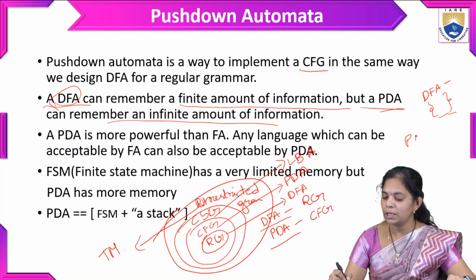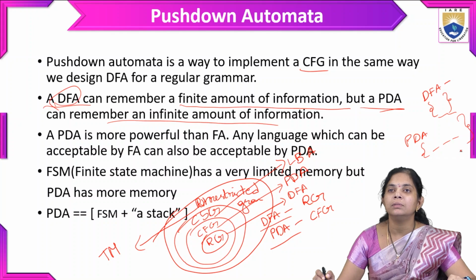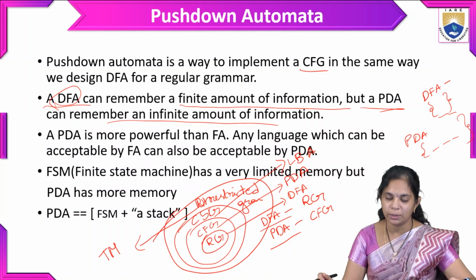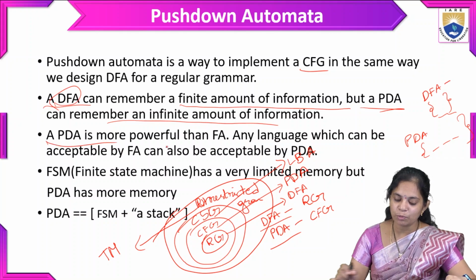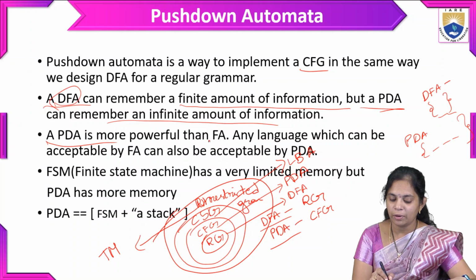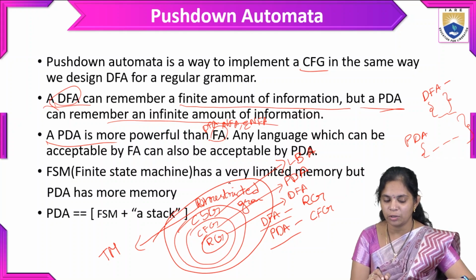And coming to the PDA, pushdown automata, it can remember an infinite amount of memory. And PDA is more powerful than finite automata. So here the finite automata, either it is a DFA or NFA or epsilon NFA, these are all different types of finite automata.